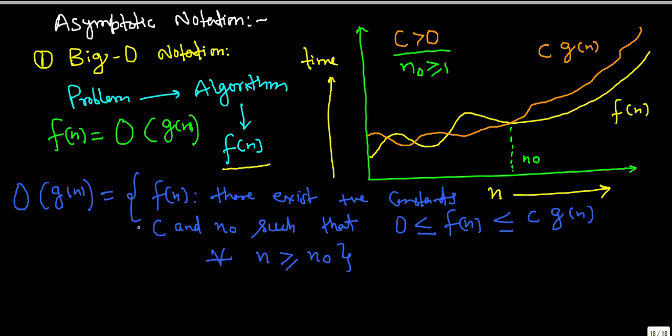Then we can say that f(n) is equal to big O of g(n).